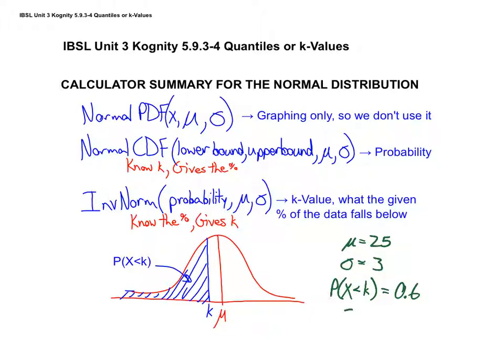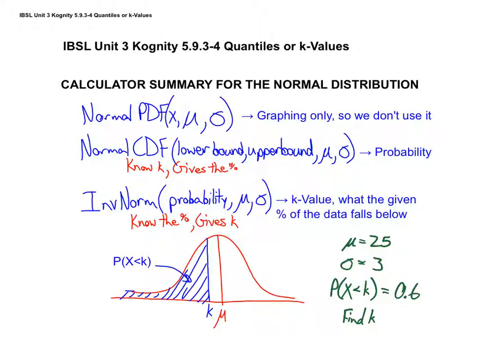And we want to find k. What's happening here is I want a particular value of x. What is the value of x where the probability that we're less than x will be 60%?